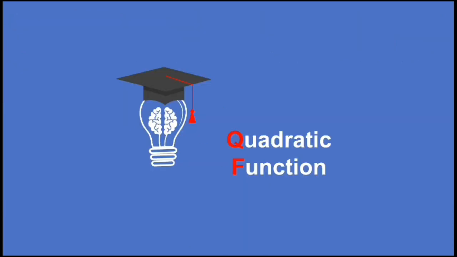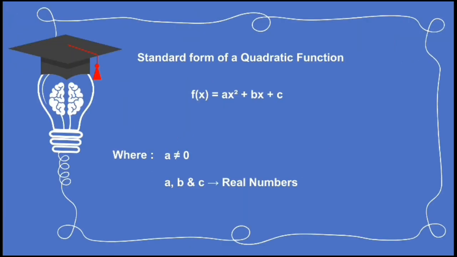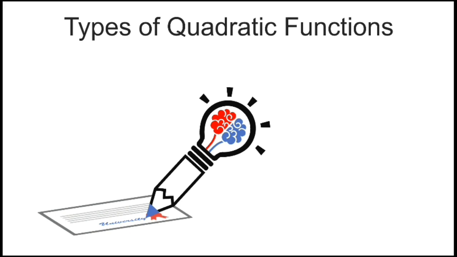The third topic is quadratic function. The standard form of a quadratic function is f(x) equals ax squared plus bx plus c. We can see that this condition is the same as the quadratic equation, where a cannot be 0 and a, b, and c are real numbers. There are two types of quadratic functions.